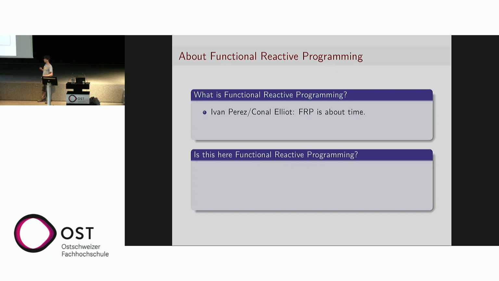So FRP is whenever it becomes important to use awareness of time in your program, when you don't just operate on a bunch of data or have a bunch of side effects, but it's important when those happen and how much time passes between steps. So we want to somehow think about when computations and effects happen while we program.